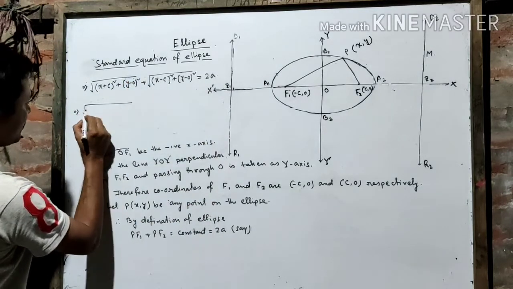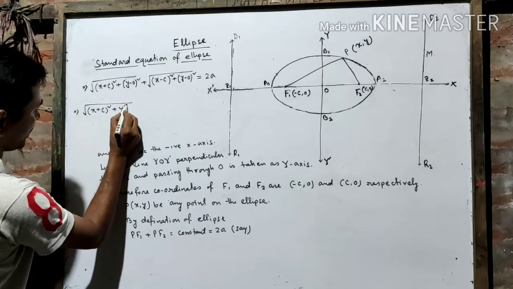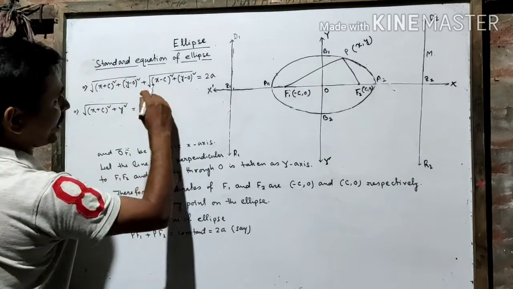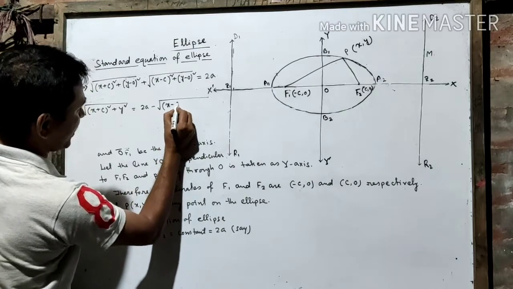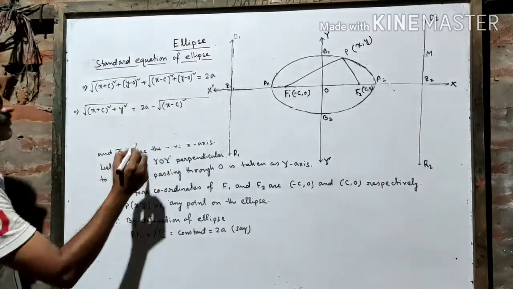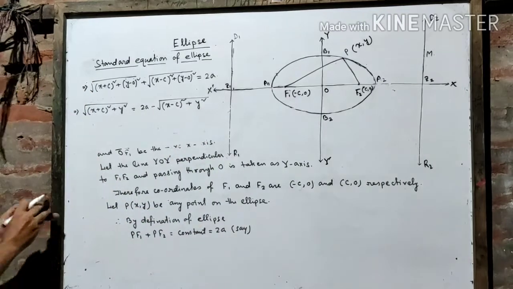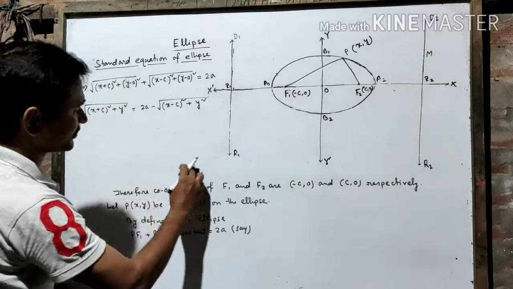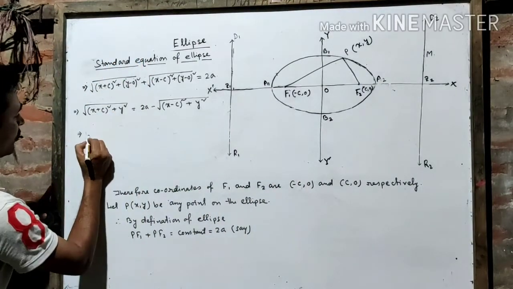This implies under root (x plus c) whole square plus y square, that is (y minus 0) square, is equal to 2a, this part is brought to that side, minus root over (x minus c) whole square plus y square. Now we will square both sides. Squaring both sides, the square root will go off.